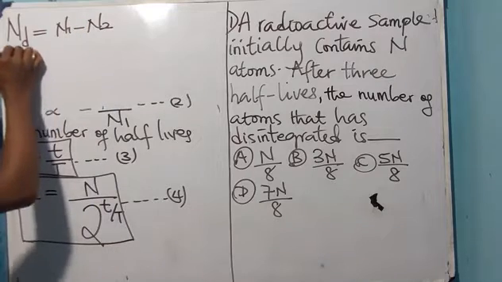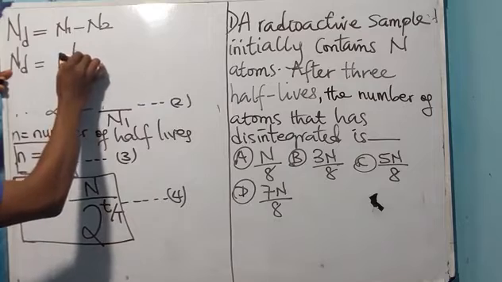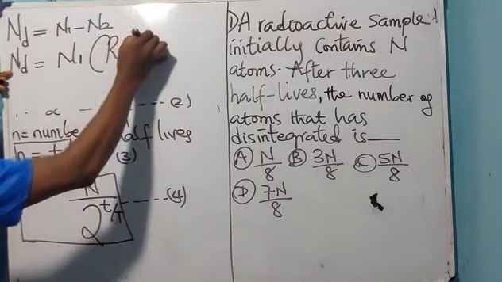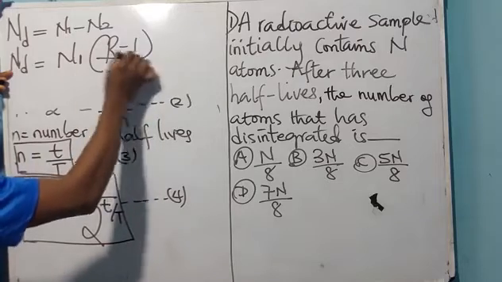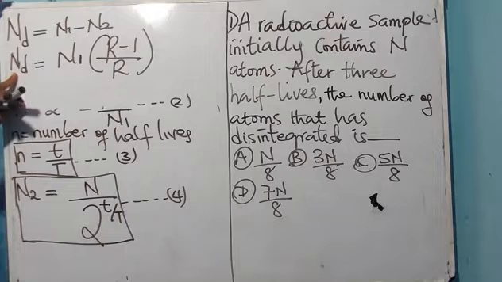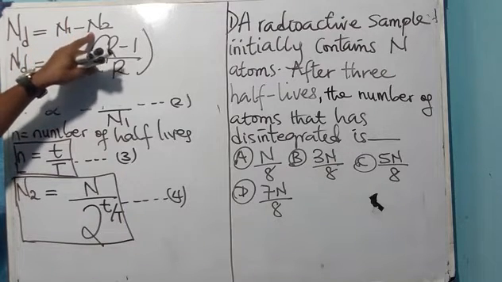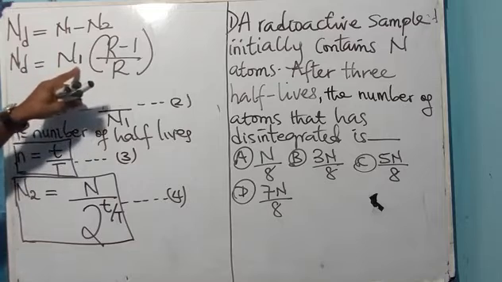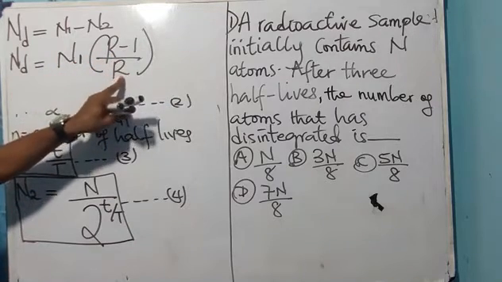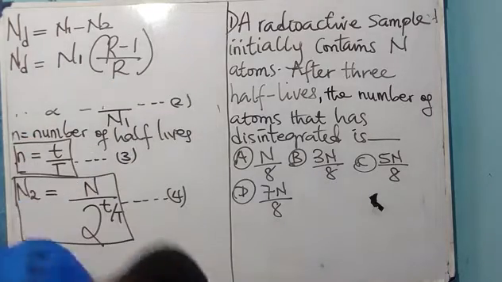Nd is also equal to N1 open brackets R minus 1 over R. I told us that this R represents the disintegration ratio. Don't forget that.